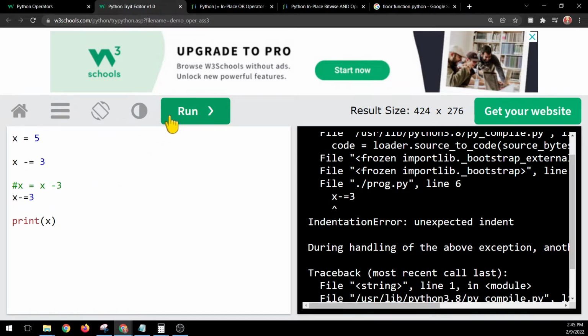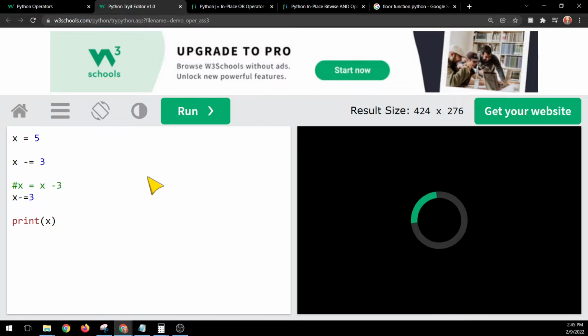Okay. Yeah, minus 1. Because we had 5 minus 3, which gives you 2. And then if you minus 3 again, you end up with minus 1. Okay, so that's the minus equals operator.